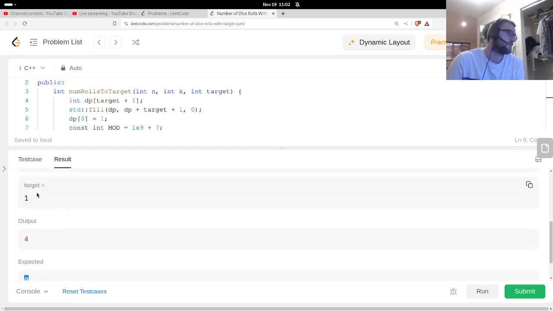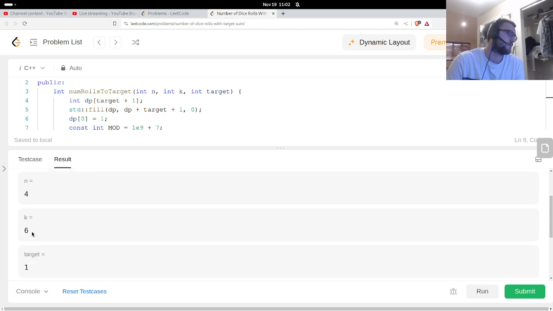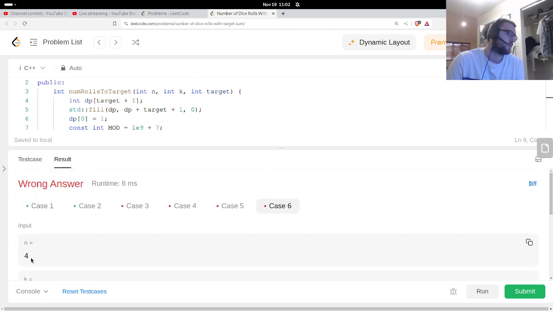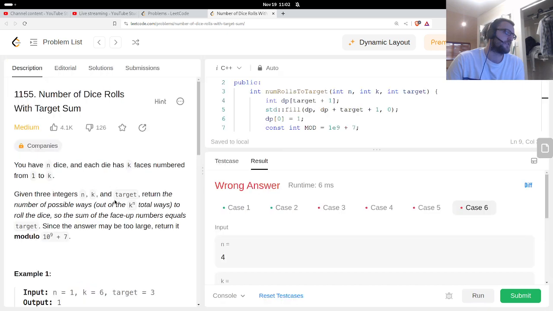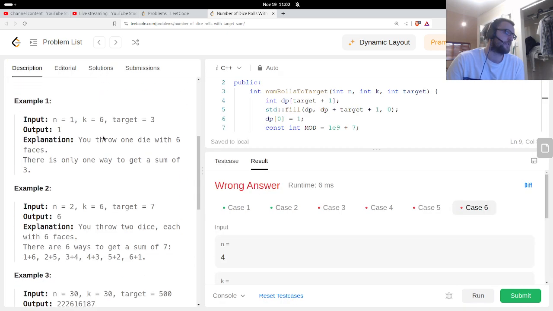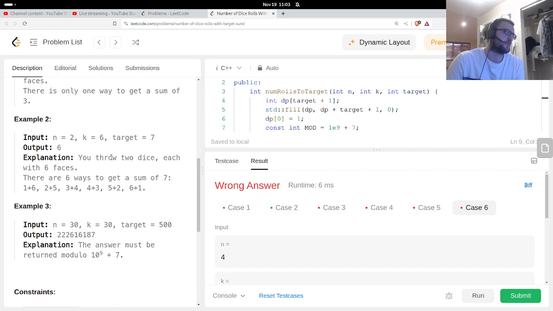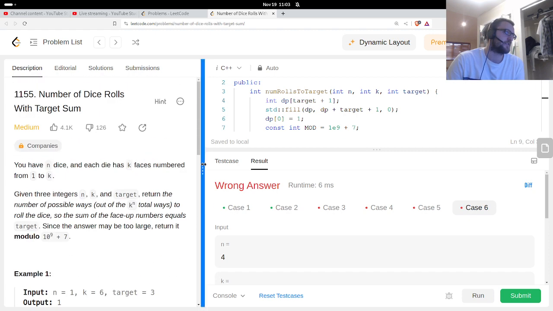Expected 0. Ooh. Oh, okay. We can't have 0s for the dice. Oh, I see. Okay, that's the part I think I'm getting confused about. Yeah, you can't have a 0 for the dice. You have to get, okay.